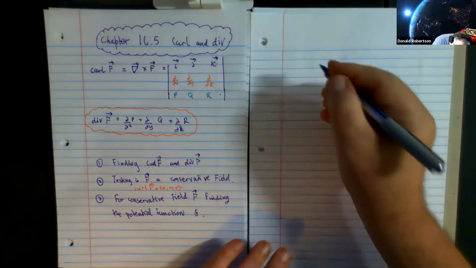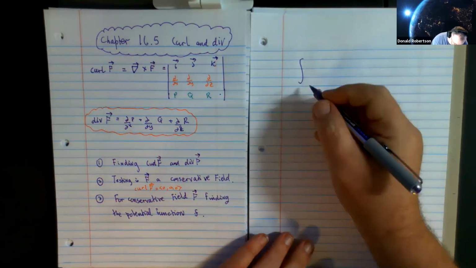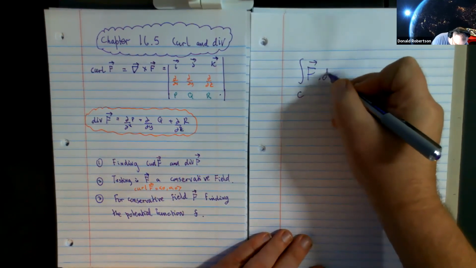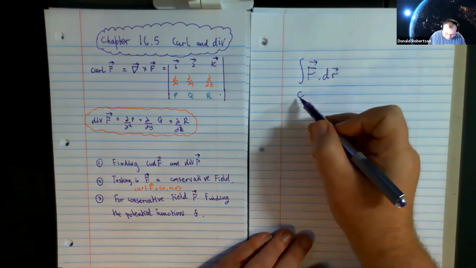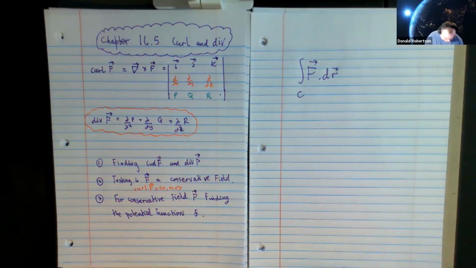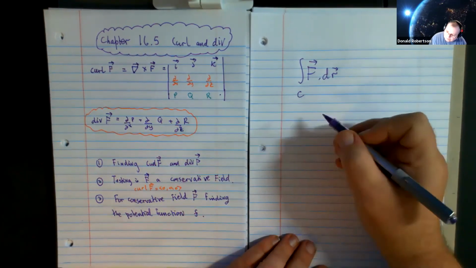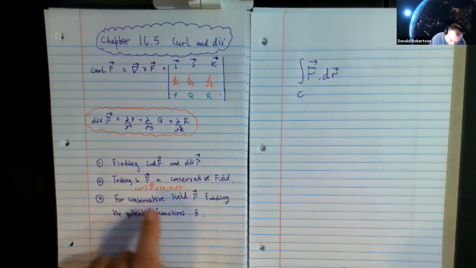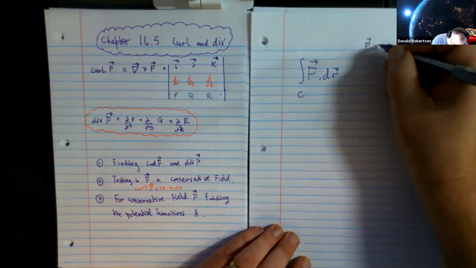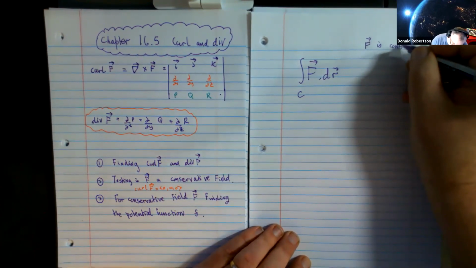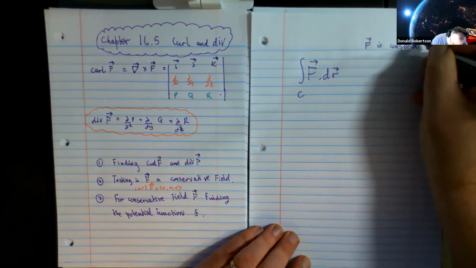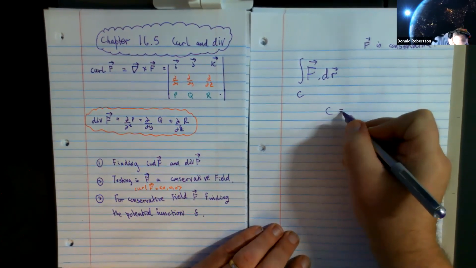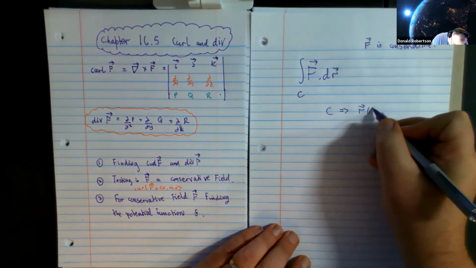So I am going to do a line integral of a 3-dimensional vector field along a curve C. And it's going to be a conservative field. And C is going to be in terms of a parametric curve.